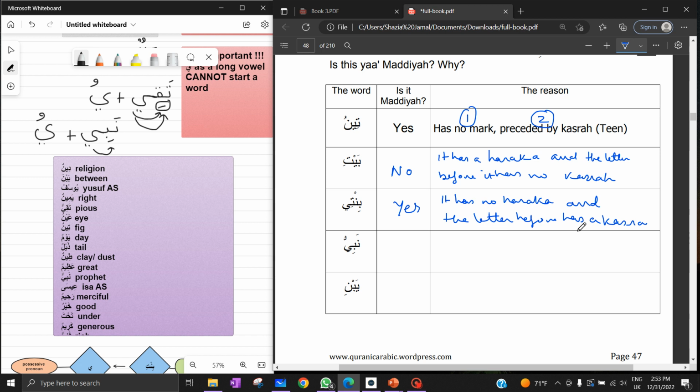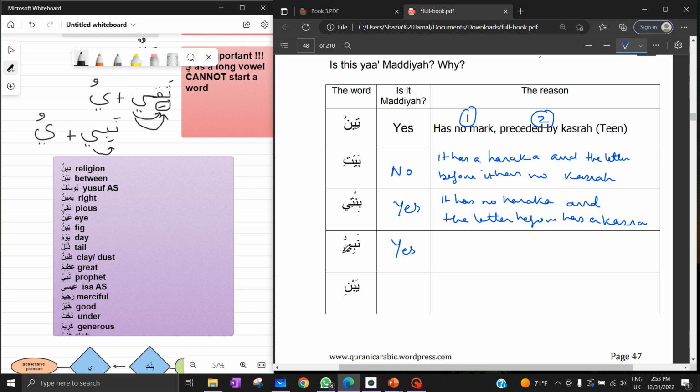So this is how you will give your reasons. Nabi, yes, as we have done here in Taqi, Nabi, yes, there is a long vowel. And the same reasons you are going to give. It has no haraka and the letter before has a kasra.